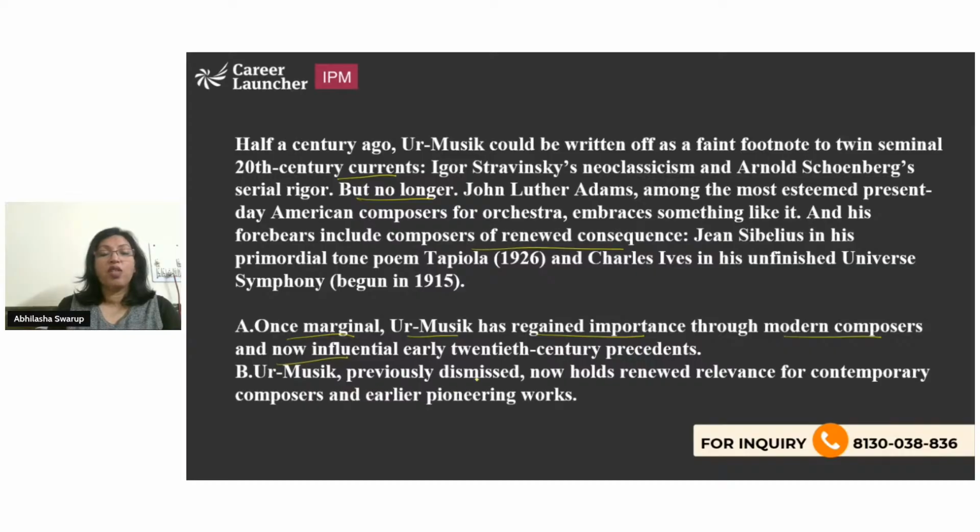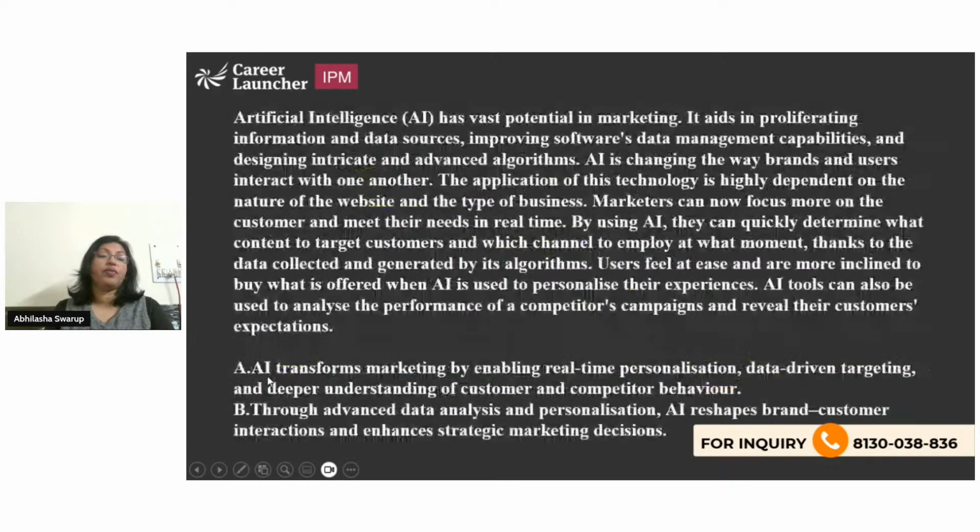Ur music, previously dismissed, now holds renewed relevance for contemporary composers and earlier pioneering works. Now, the problem is, is it holding renewed relevance for these composers, or are these composers bringing it out? So, it is regaining importance now. So, therefore, B is incorrect and A is the correct answer. Okay. So, your correct answer will be A.